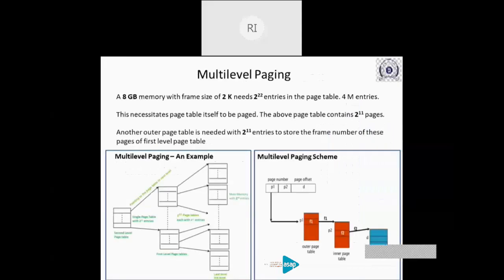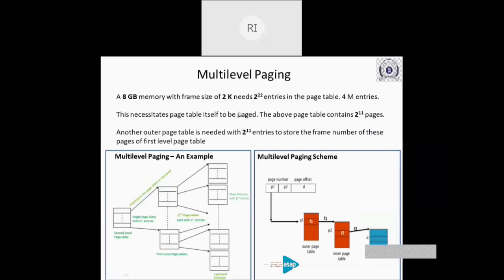Consider we have an 8 GB RAM with a frame size of 2K. Then 8 GB is 2^3 into 2^30, so 2^33. The number of entries is 2^33 in the main memory.